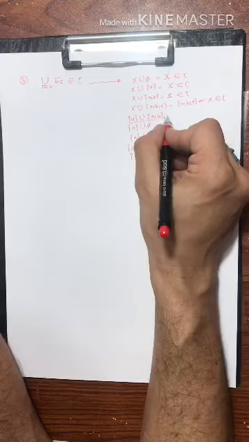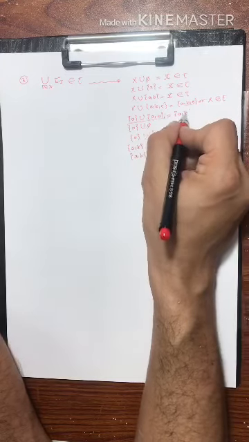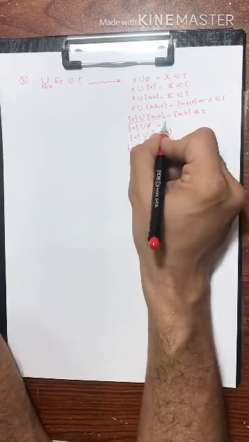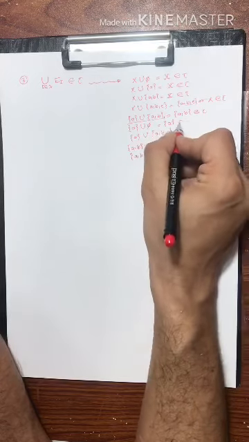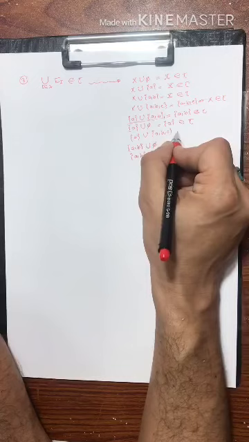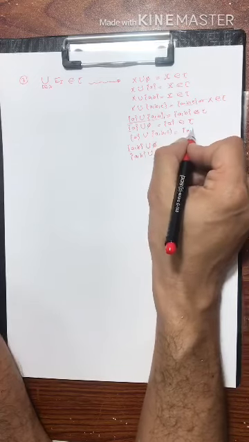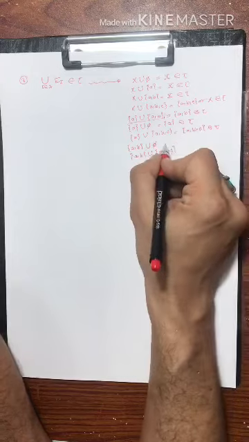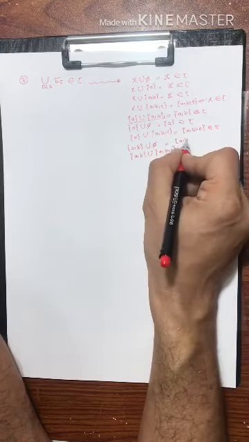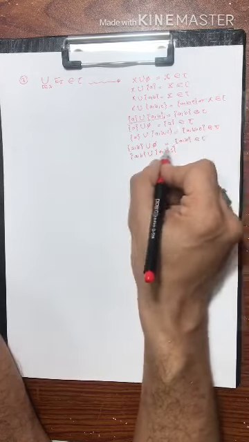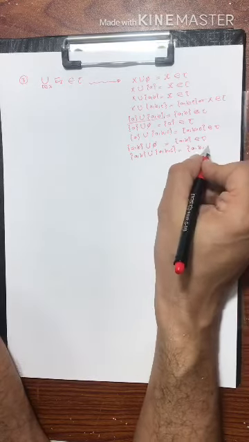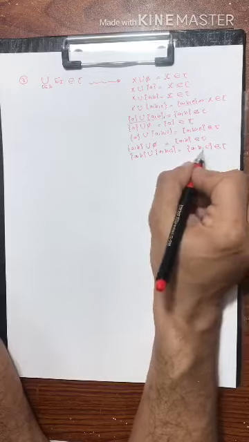Here the result is subset AB, and subset AB belongs to tau. Here the result is subset A, and subset A belongs to tau. Here the result is subset ABC, and ABC belongs to tau. Here the result is subset AB, which belongs to tau. Here the result is subset ABC, which belongs to tau.